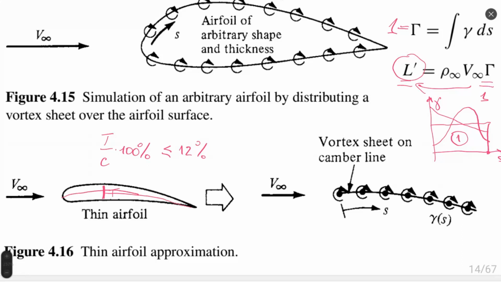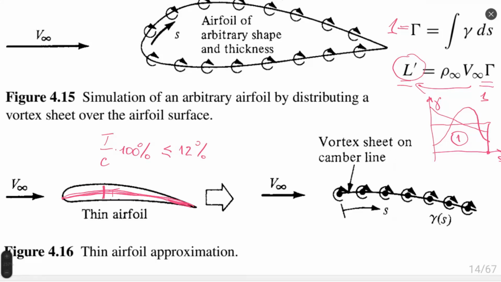Sorry, I will try to draw a middle line, but I am not sure I can do it by hand. So the middle line, exactly in the middle, is called the camber line, right? The definition we already had. So this camber line represents our airfoil, not the upper and lower surface, but just the curvature of the thin airfoil is already enough to describe it, and we neglect the existence of its thickness.